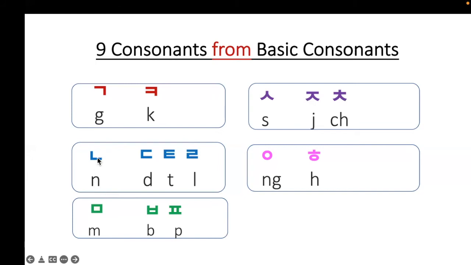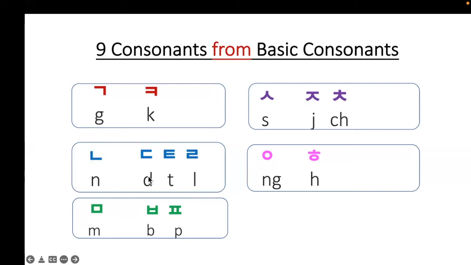And then ㄴ, and then ㄷ, ㅌ, ㄹ. These are the consonants that are pronounced in the same place, and all of them use the tip of the tongue hitting the top of your mouth, right? So for ㄴ, he put the sound as this.